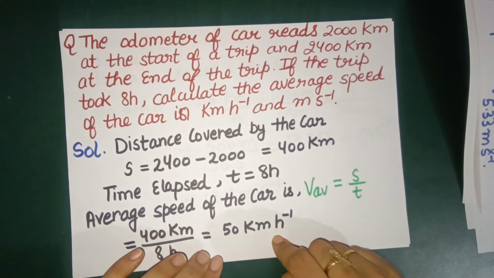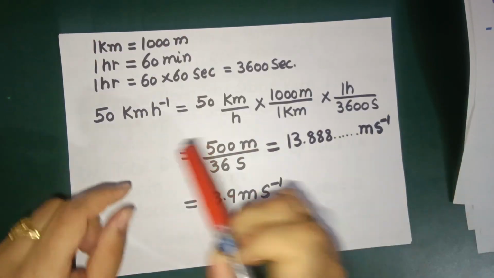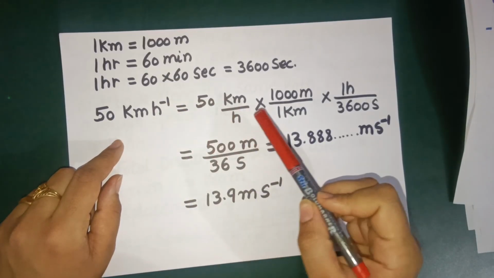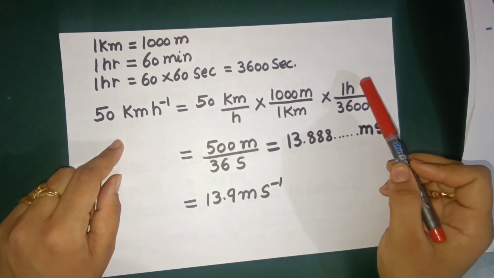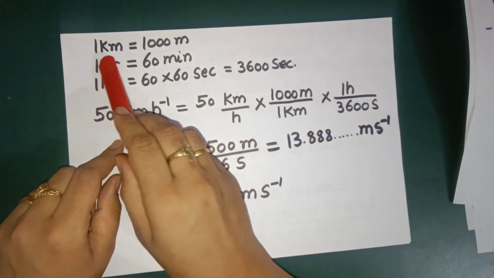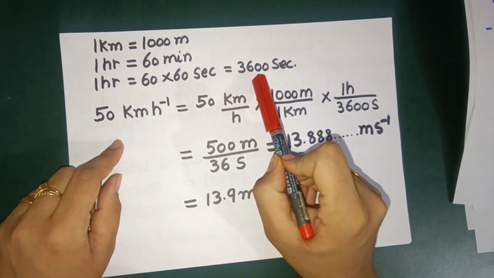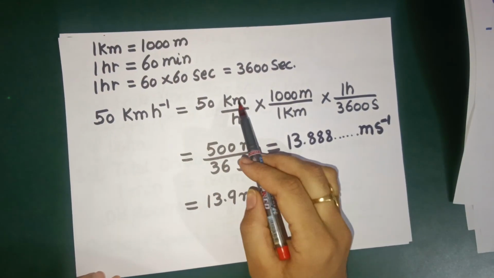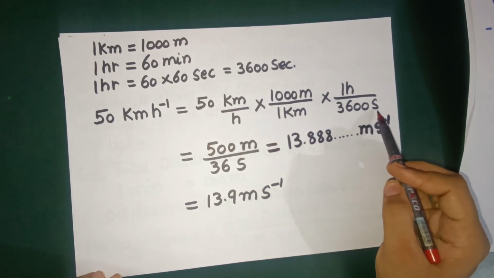But we are given here that we have to calculate the average speed in meters per second also. Now we have 50 kilometers per hour, and to change this we will multiply by 1 kilometer and divide by 1 kilometer, multiply by 1 hour and divide by 1 hour. As we know, 1 kilometer is 1000 meters, 1 hour is 60 minutes, and 1 hour has 3600 seconds. So we have 50 kilometers by hour, times 1000 meters by 1 kilometer, times 1 hour by 3600 seconds.